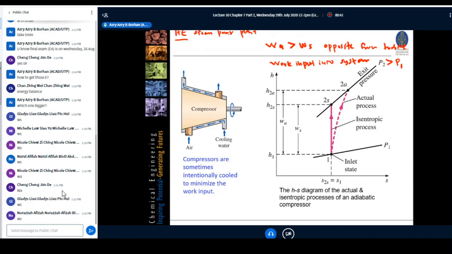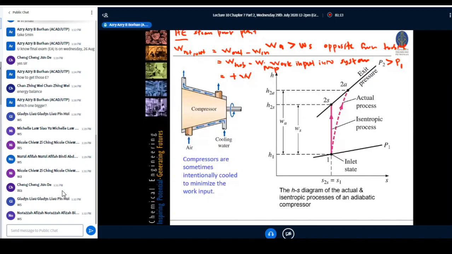Okay, a steam power plant produces work. It generates electricity, right? We know that you need to have W net out, which is equivalent to W out minus W in. W out comes from W turbine, minus W in, W pump, in order to have the net work.